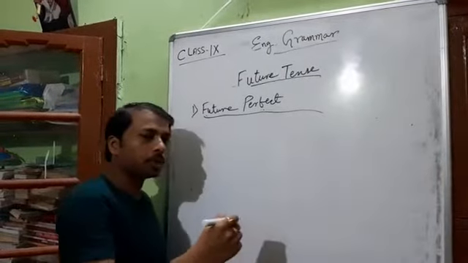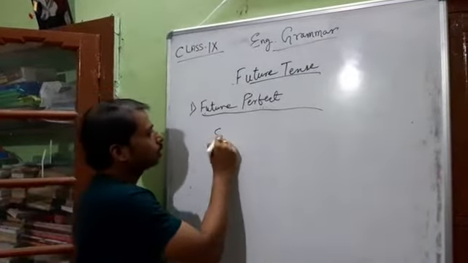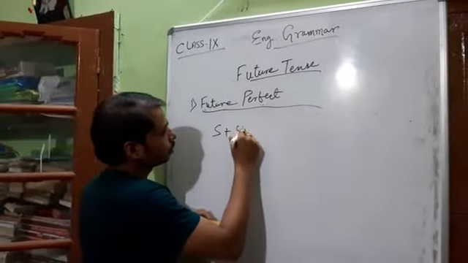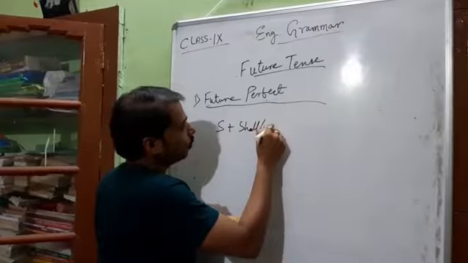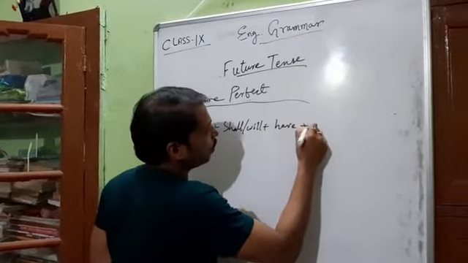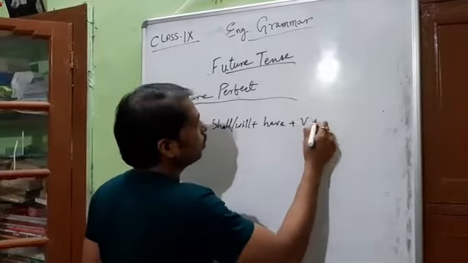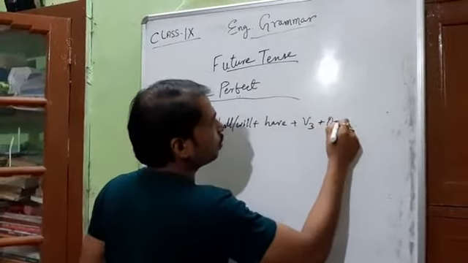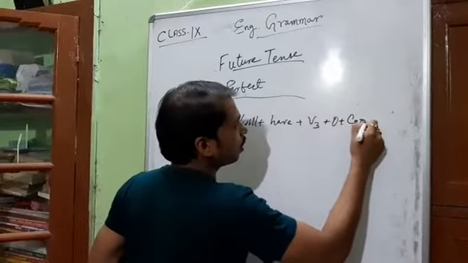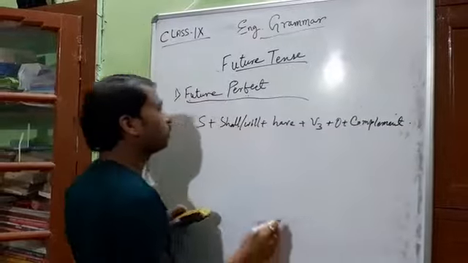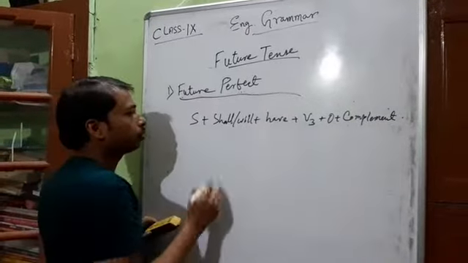Okay, let's first talk about the formation. Subject plus shall or will plus have plus V3 plus object plus complement. And this is the formation.